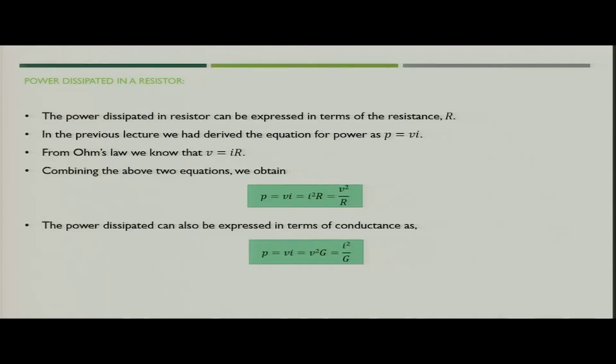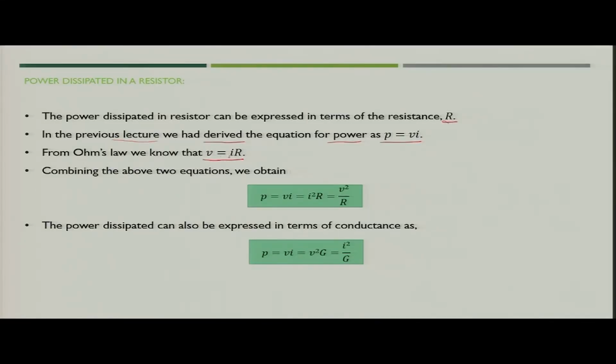Now, let us see how you will calculate the power dissipated in a resistor. The power dissipated in a resistor can be expressed in terms of elements like resistance R, the voltage and current. In the first lecture we derived the equation of power, that was P is equal to V I. Now, from Ohm's law what we got?